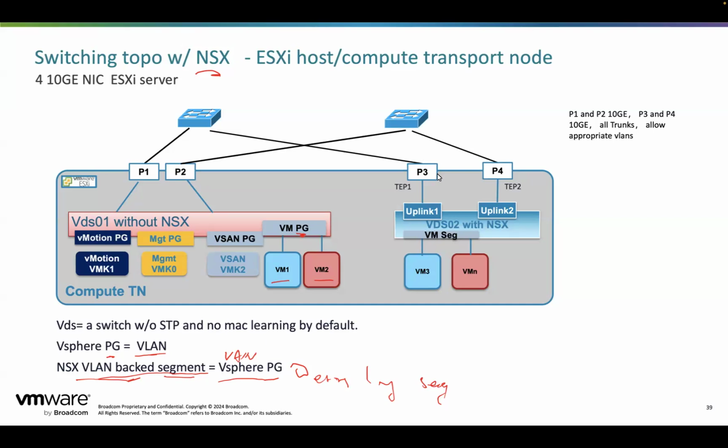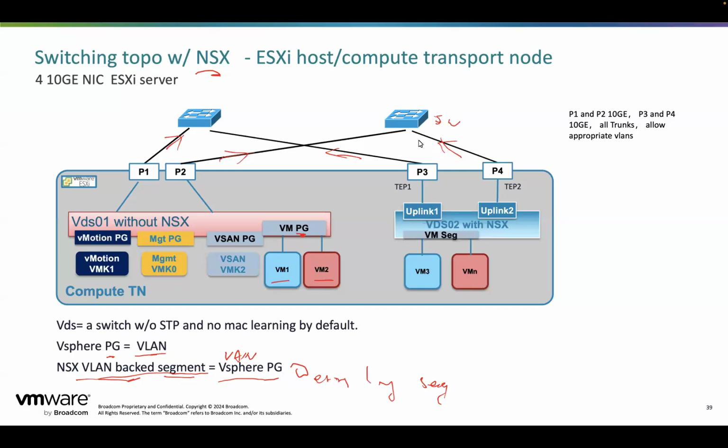For the connection, the ESXi host or compute transport node has physical connections with switches. We assign these physical links as trunks and allow the necessary VLANs to go through.